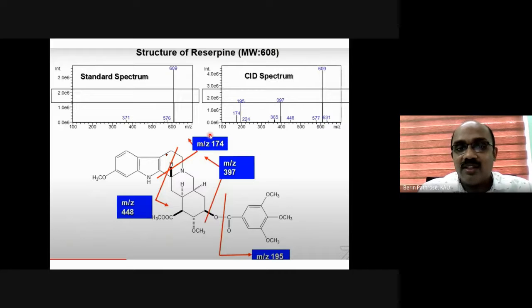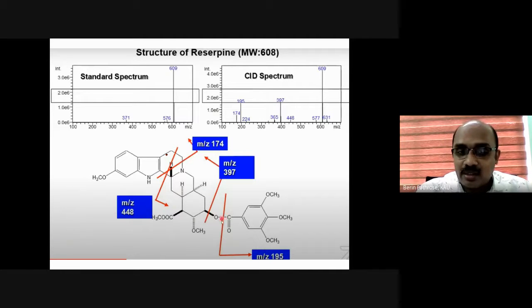In the collision cell, see the structure, we have an ester compound. In the collision cell, we bombard the compound with electrons. So the compound gets broken down into different parts.